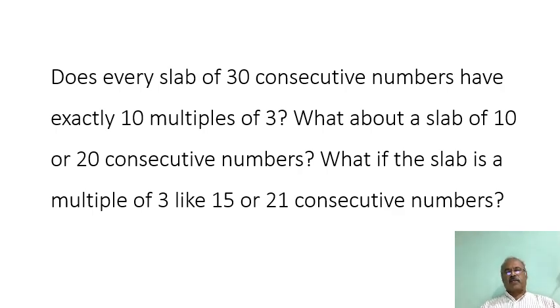Exploring these type of things gives us the ability to answer that question, because 120 minus 40 is 80, but we want the numbers between these. So we actually have 79 consecutive numbers from which we want to get the slab of numbers.